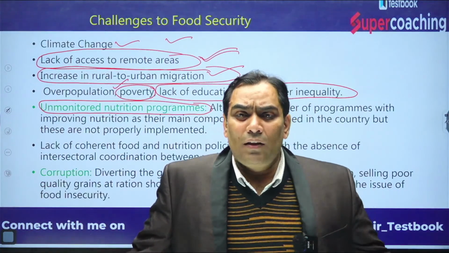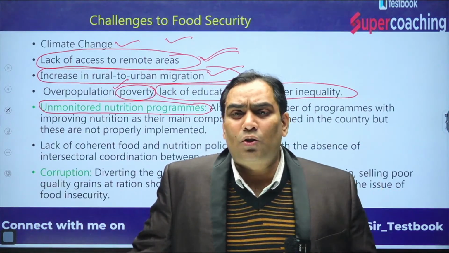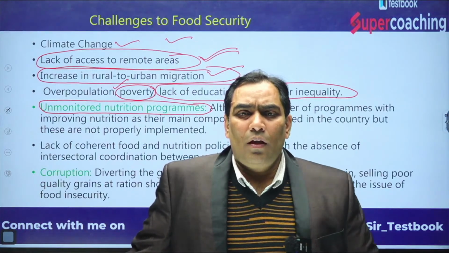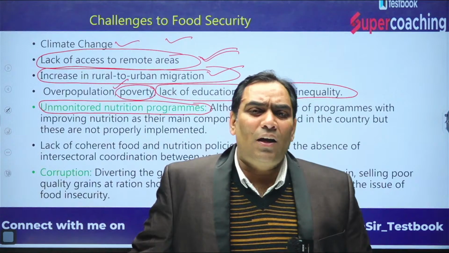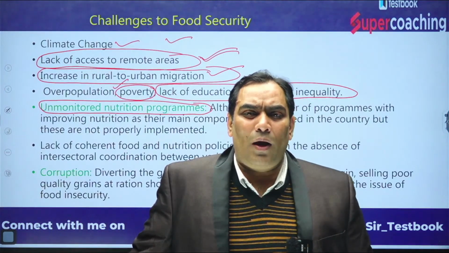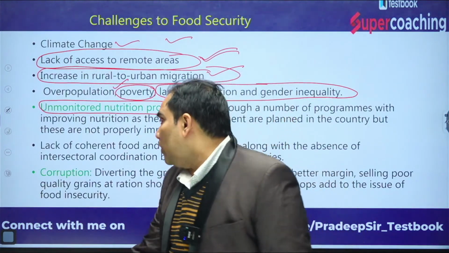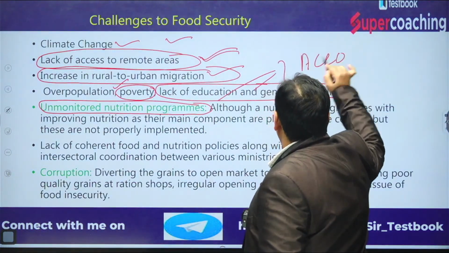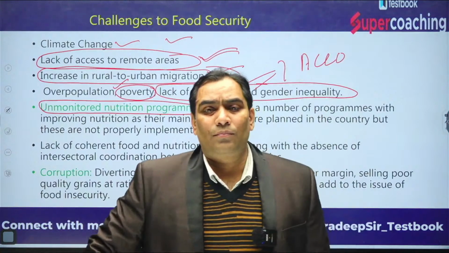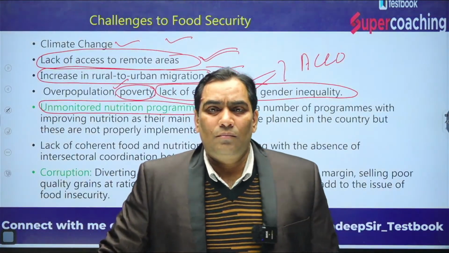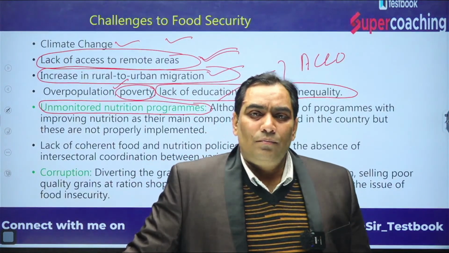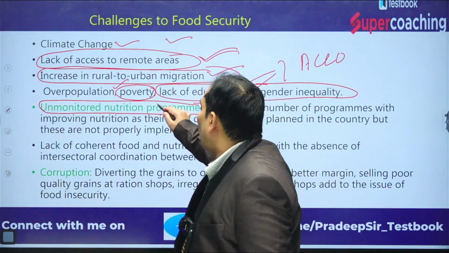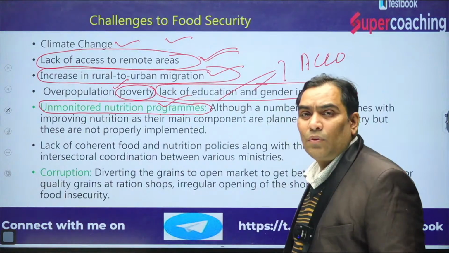From the moment the individual takes birth to the moment the individual is no more, the government is running social welfare programs, but there is a lack of accountability for those programs. That is the meaning of unmonitored nutrition programs.